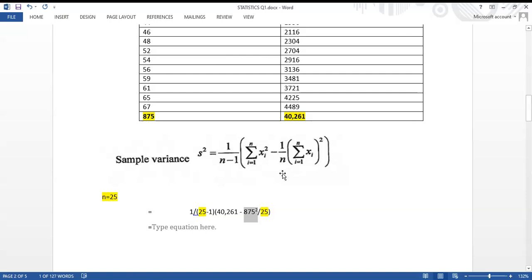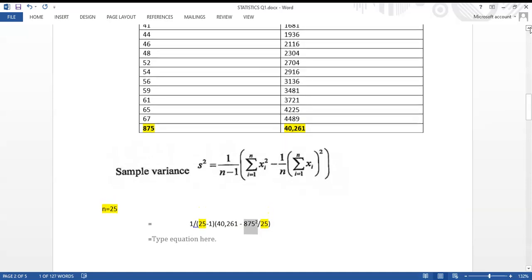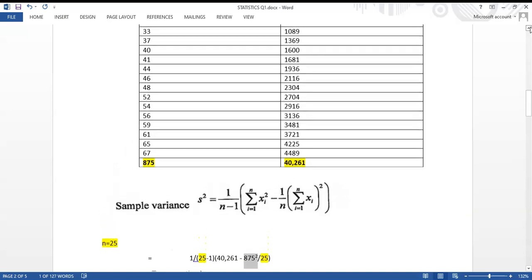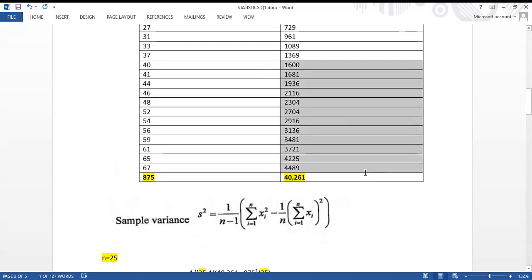Then we have to square it. That's why I find 875 squared. Then the summation of x squared is this column here in our table. When we added all these values in this column, we got 40,261.